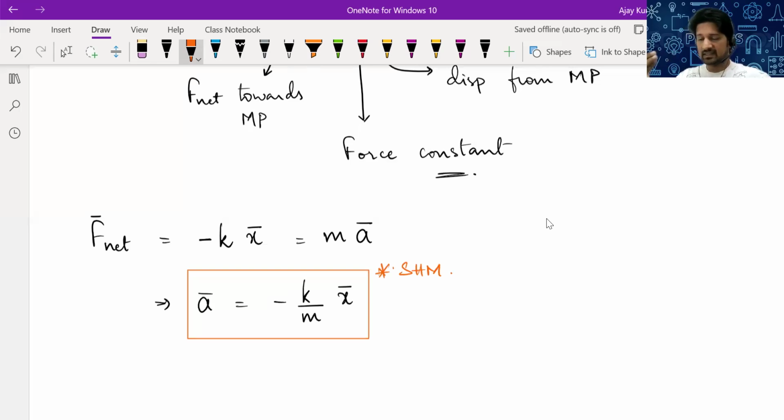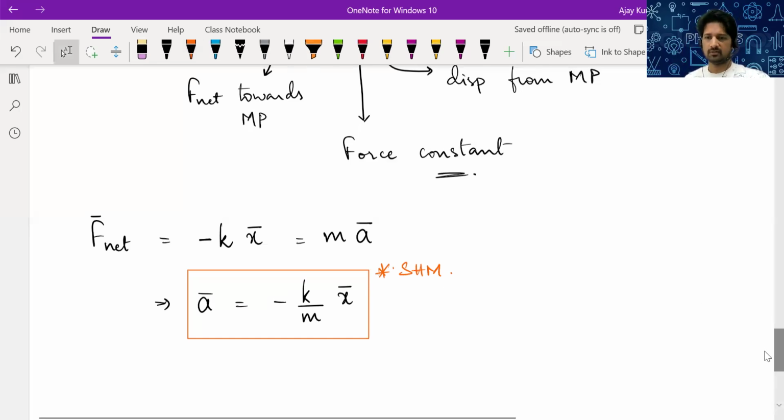If an object accelerates in this manner, where acceleration is proportional to displacement from mean position and direction is exactly opposite, it will be executing simple harmonic motion. So simple harmonic motion is one particular case of periodic oscillatory motion where the force is proportional to displacement from mean position, or acceleration is proportional to displacement from mean position.